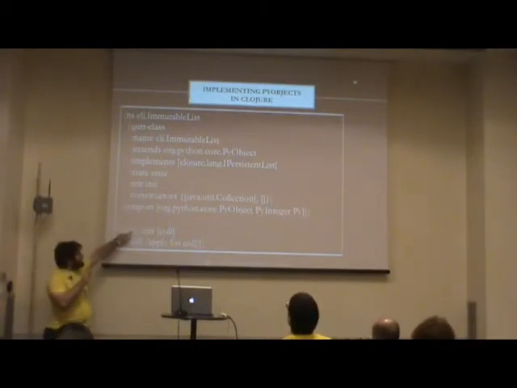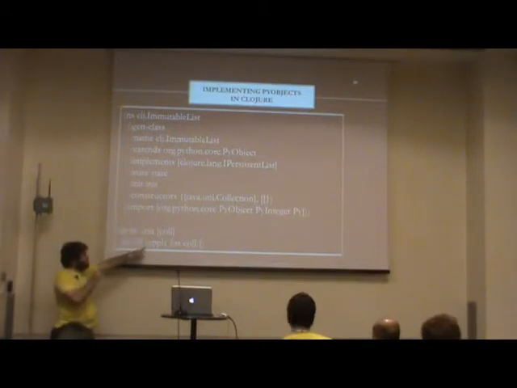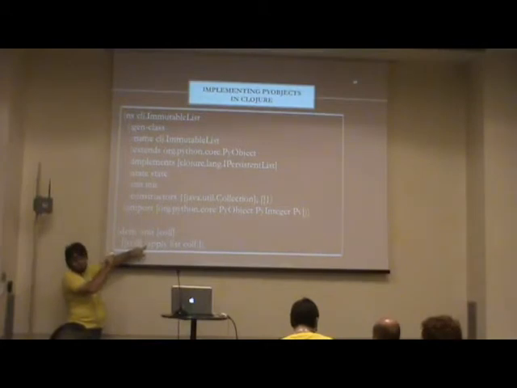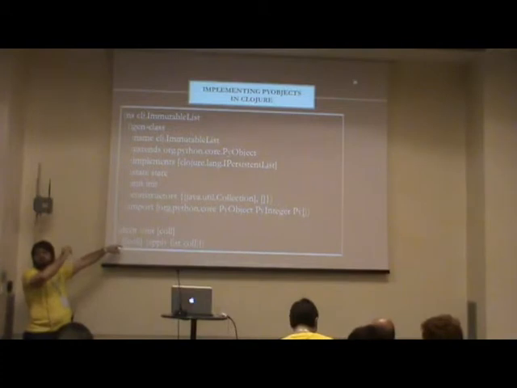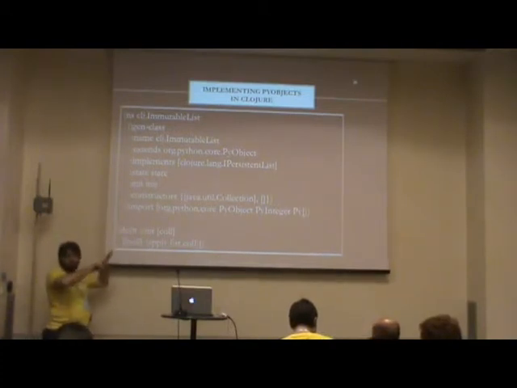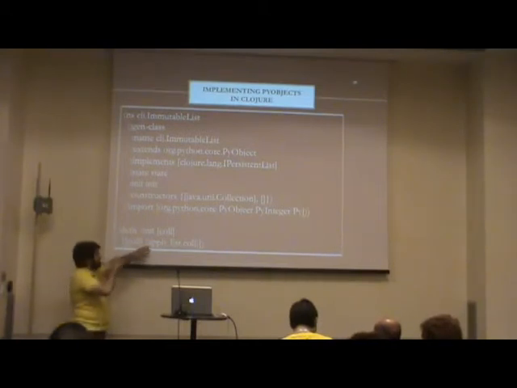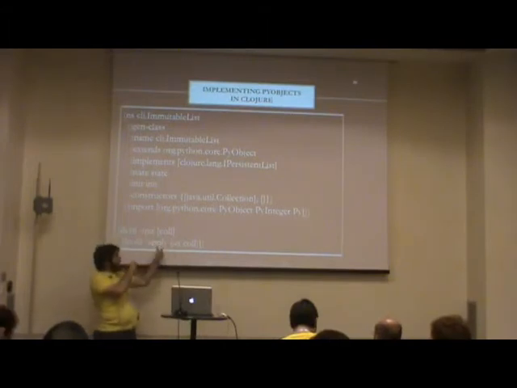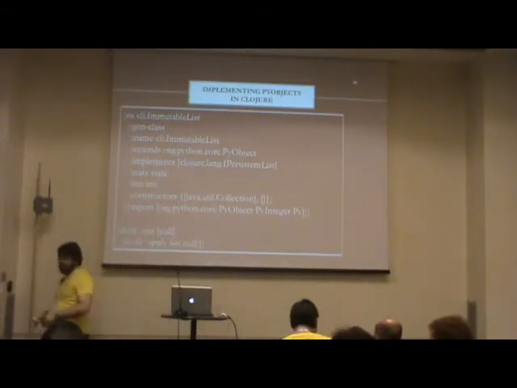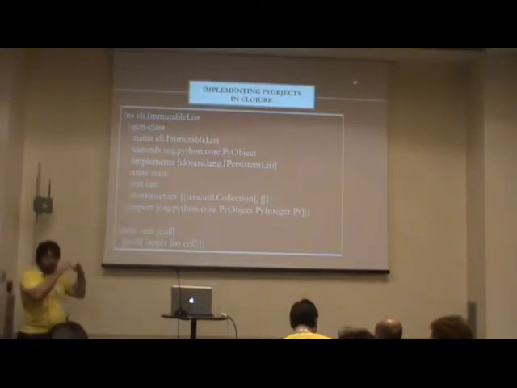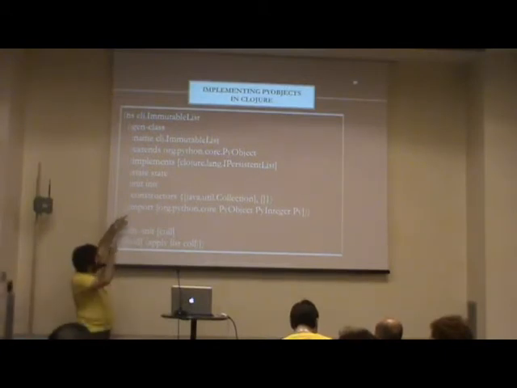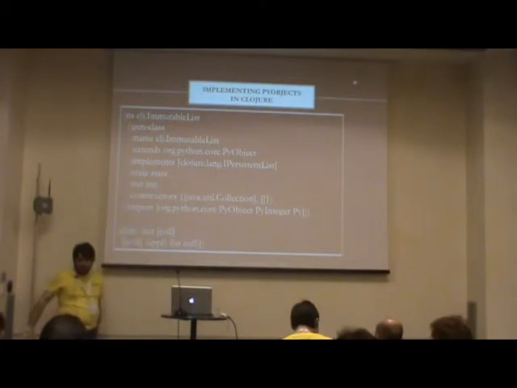The return value of this expression will be assigned to state. Since this is not something which can be used through software transactional memory, this is truly immutable. You can't change it once you build it. Okay? So you take a Java collection, you apply the list function on that collection, and it returns a Clojure list. So state will contain a Clojure list.